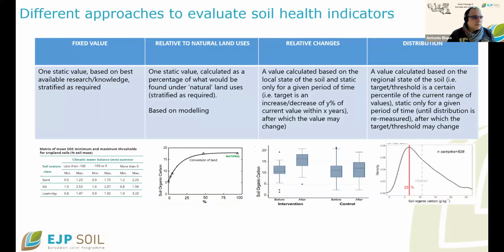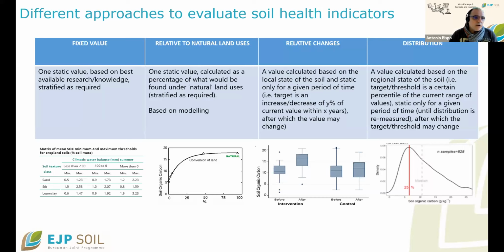And of course, you should also maybe stratify if required. As an example, you have a table that is proposed by a recent EEA report that proposed soil organic carbon minimum values and maximum thresholds for cropland soils in Europe.